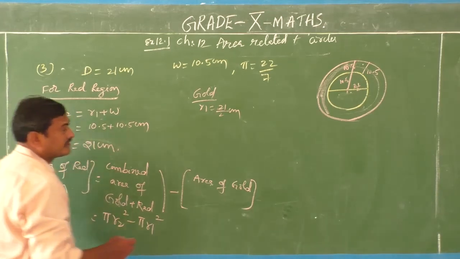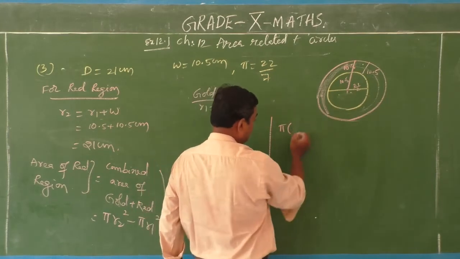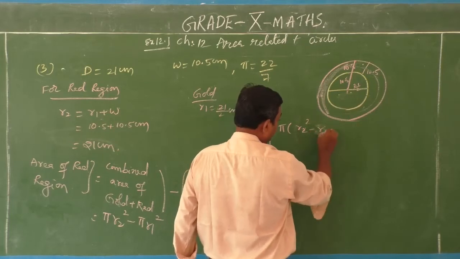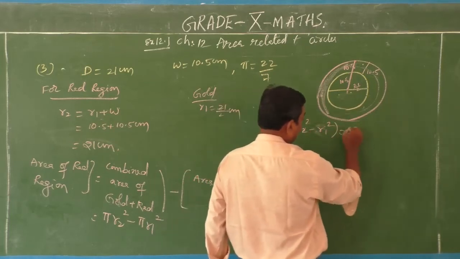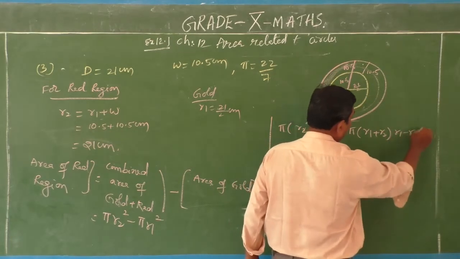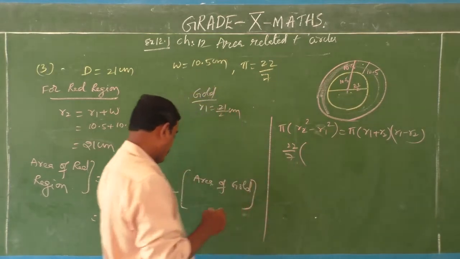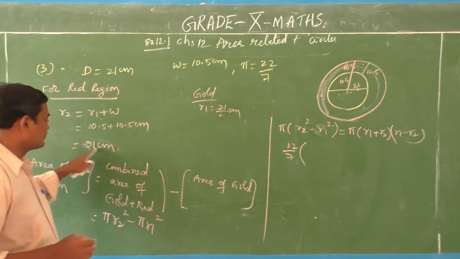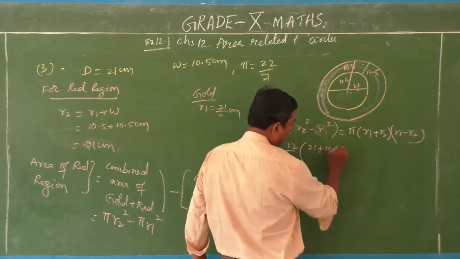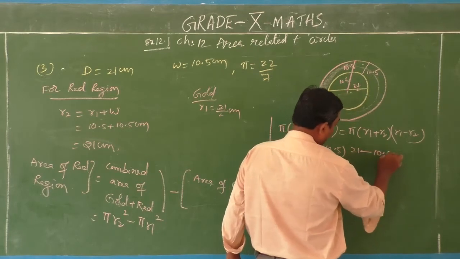Now if we take pi as common, we get r2 square minus r1 square, that equals pi into r2 plus r1 into r2 minus r1. Now 22 by 7 into R2, which is 21 plus 10.5, and 21 minus 10.5.